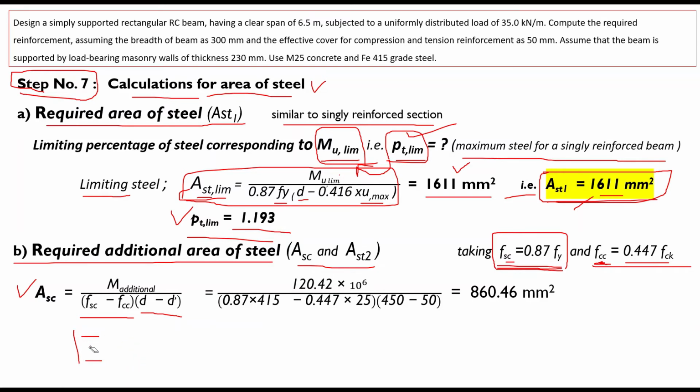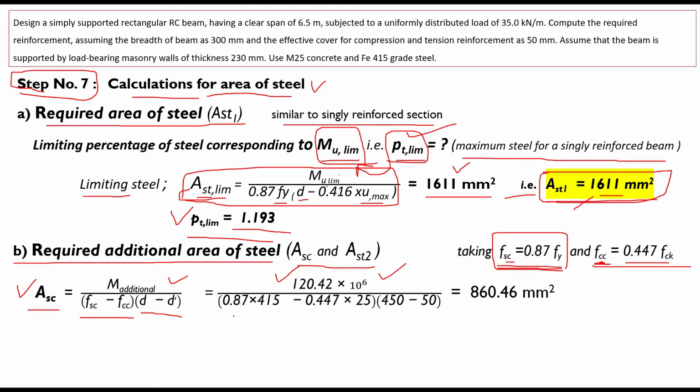So here we are able to work out the ASC required, that means the area of steel required in the compression zone, which will be able to take the compressive stresses. M additional we have already calculated as 120.42 into 10 raised to power 6, because it was in kilonewton meter.